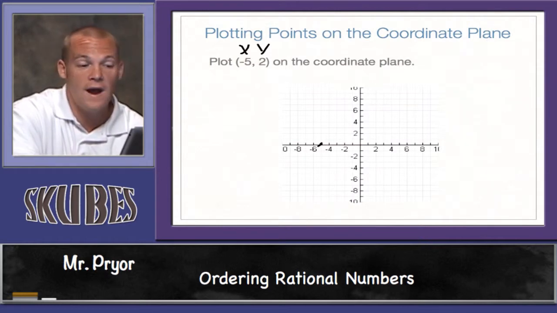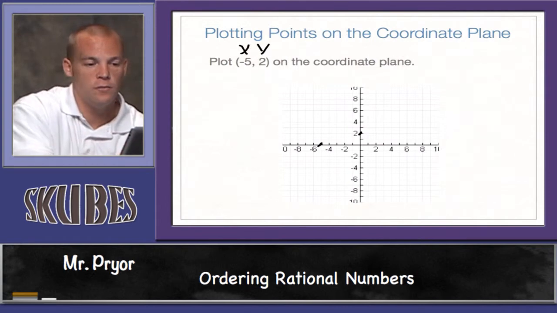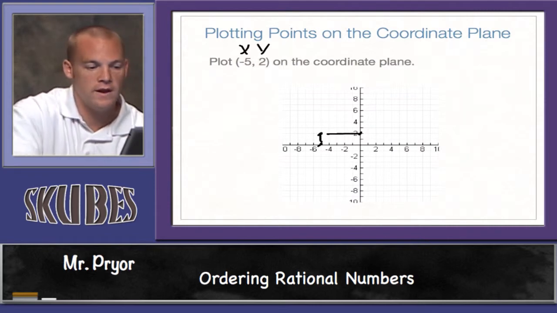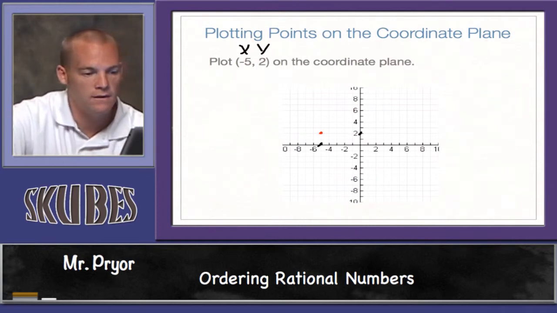And then on the y-axis, we're actually going to move up 2 places to positive 2, which would put us right there. So where would these 2 points meet if they were running along the grid? You can see right there. Okay, and we'll go ahead and mark that now. So that's actually going to be negative 5, 2, which ends up being right there.